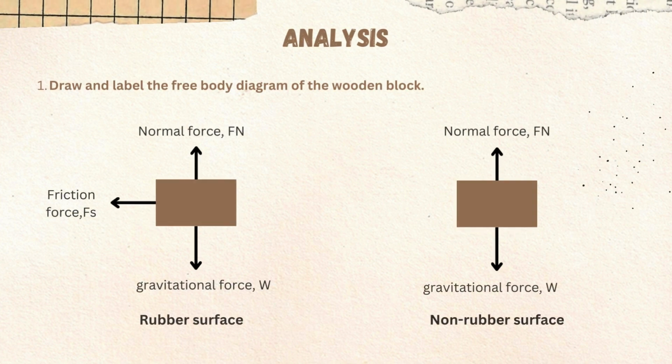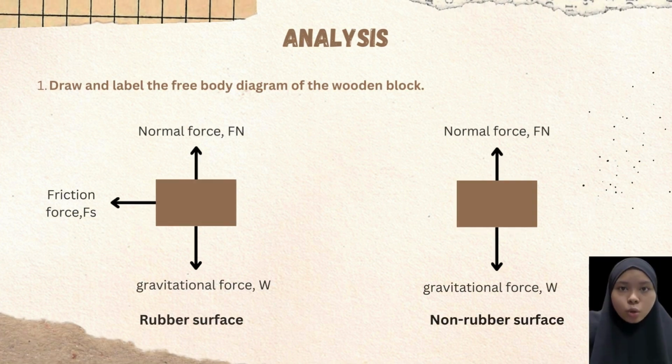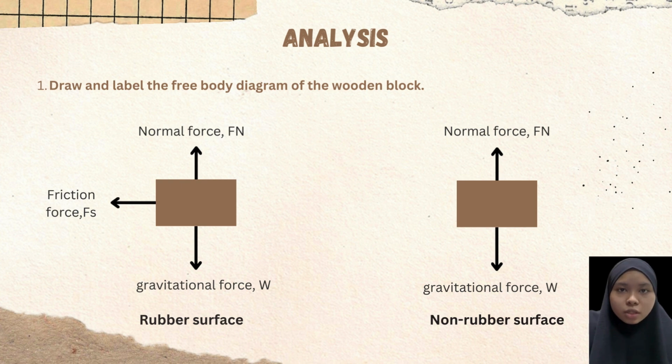For the analysis of data, first, we have to draw and label the free body diagram of the wooden block. For the wooden block with the rubber surface facing the floor, there are three forces present: normal force, gravitational force, and frictional force.